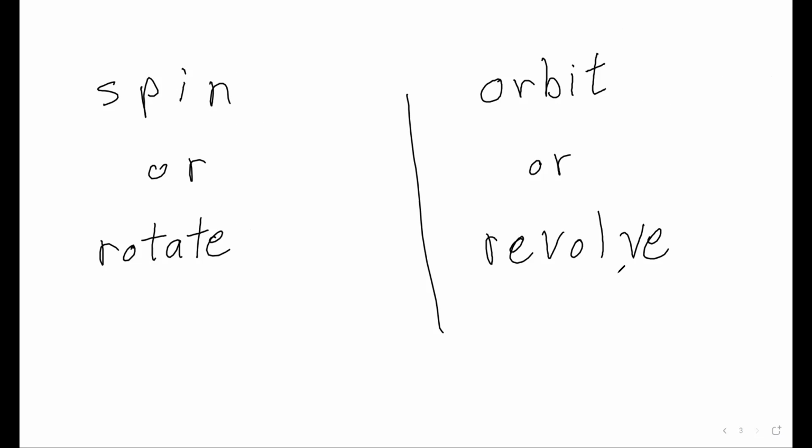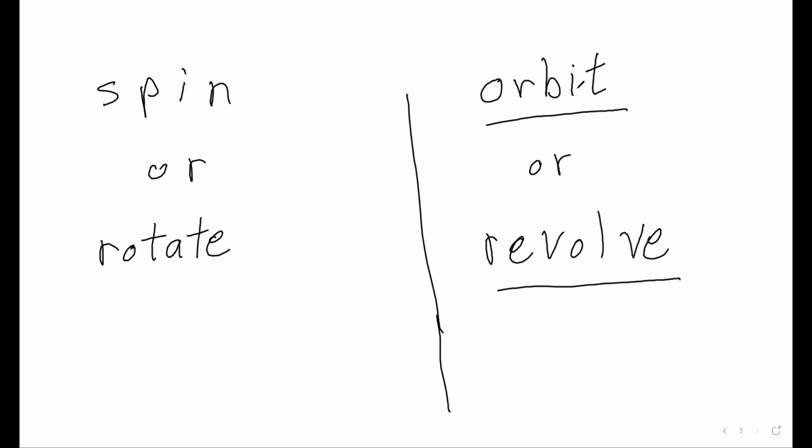But Earth spins around its axis or rotates around its axis. When the Earth rotates around itself, I will use the verbs spin or rotate. When the Earth moves around the sun, or anything goes around another object, we should use these words, orbit or revolve.